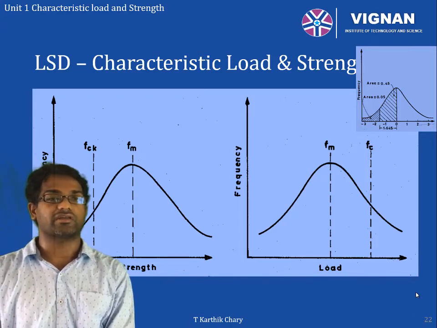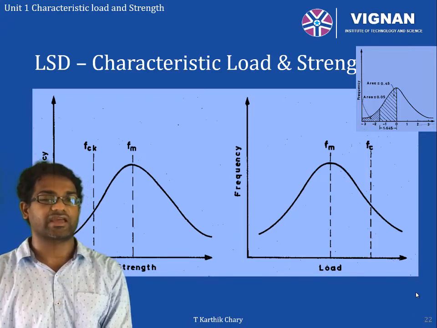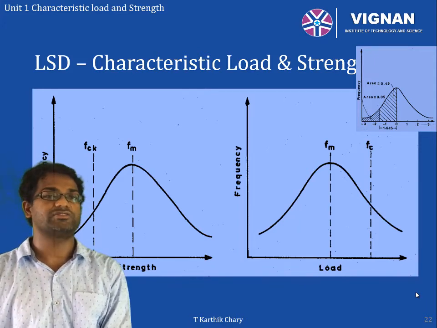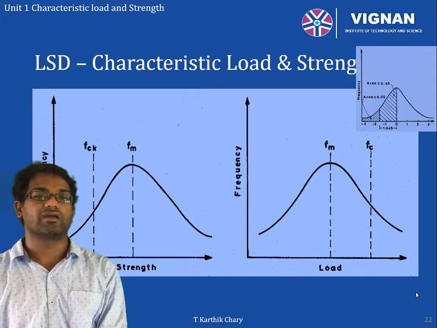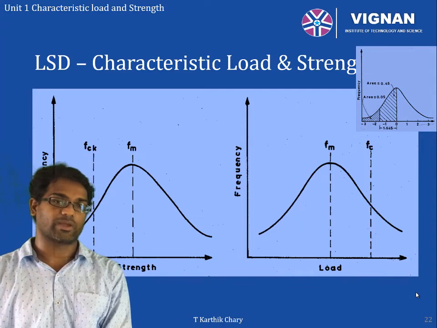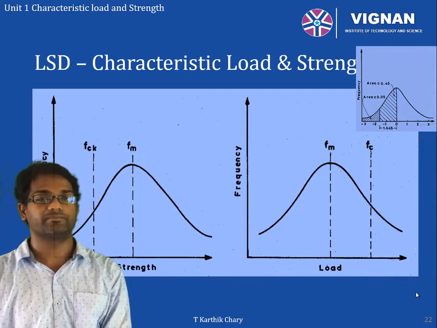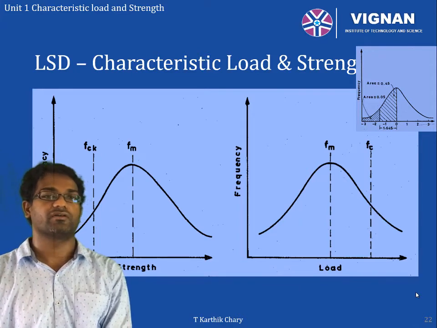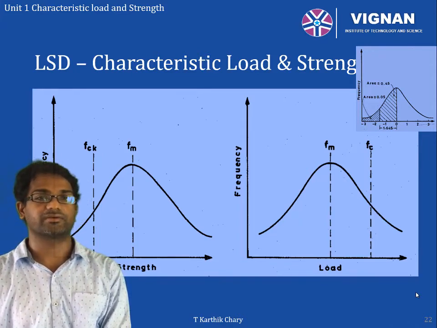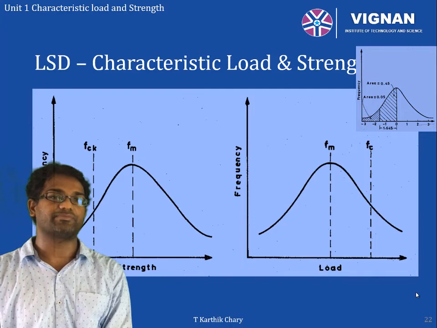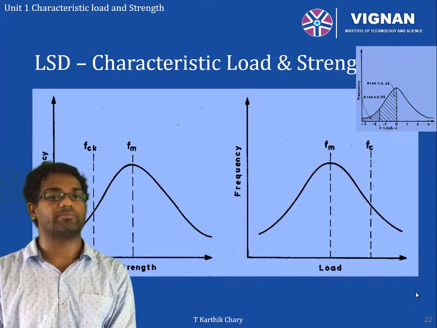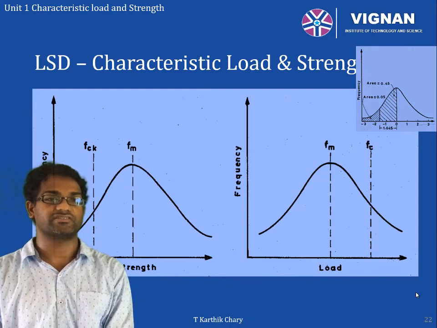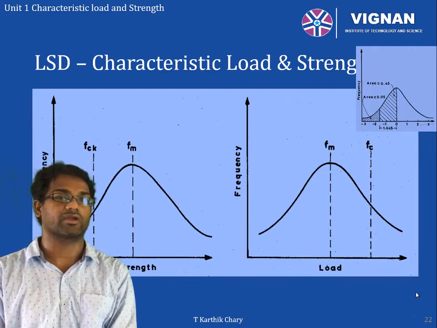I'm talking about the fck value. fck stands for characteristic strength of concrete, which is always taken less than the average strength value. For example, if I have 10 cubes of M20 grade concrete, I always accept my result to be less than 20 Newton per mm square, which is the left-hand side figure I'm talking about.